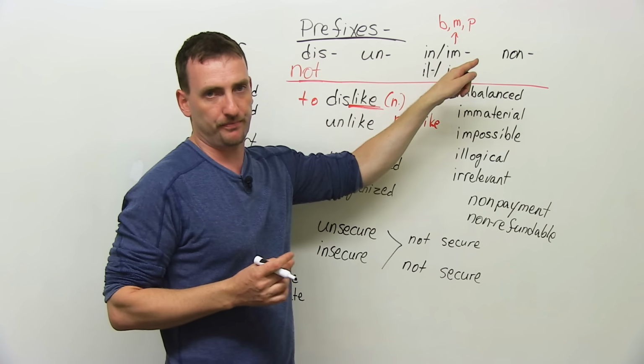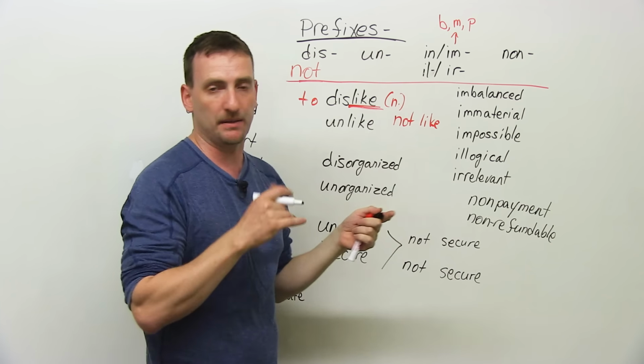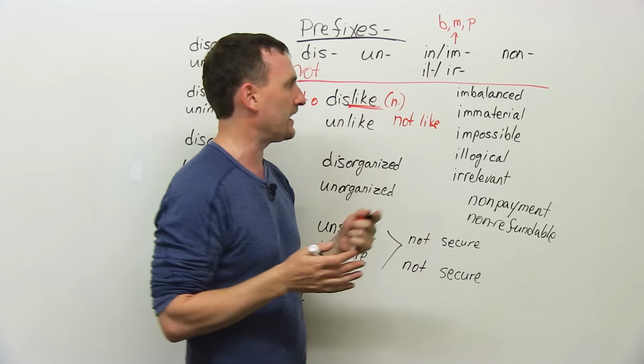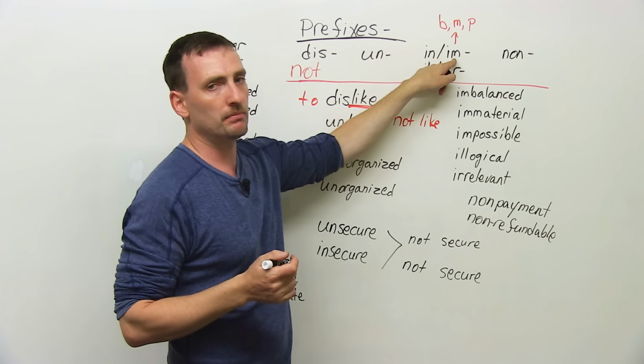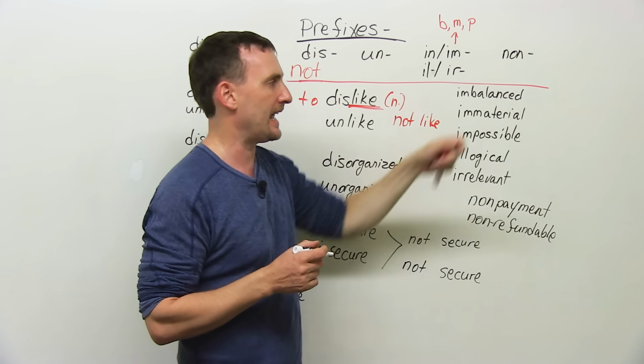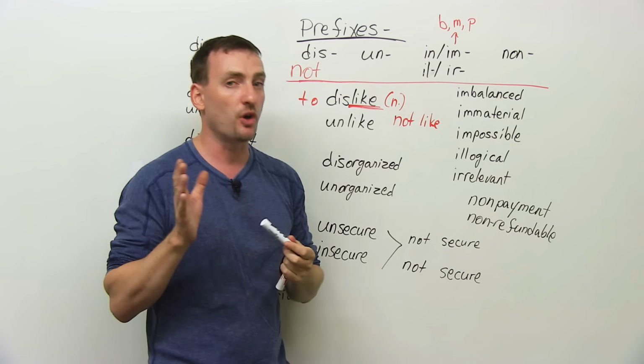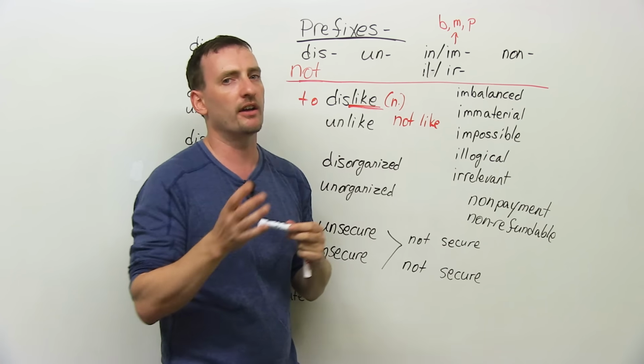In, im, same thing. Especially with il, ir, they're all the exact same. They also mean not or opposite or lack. We usually use im with words that begin with a b, m, or p. Now, the thing about in or im, you have to be careful about. They don't only mean not. They have other meanings.